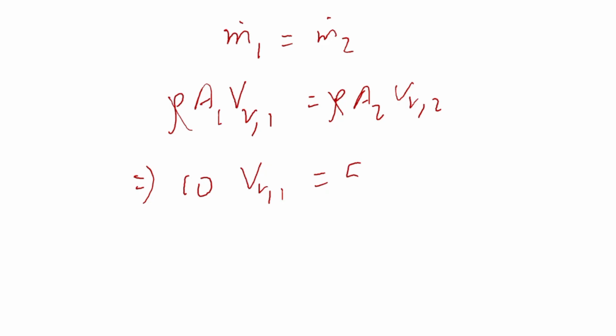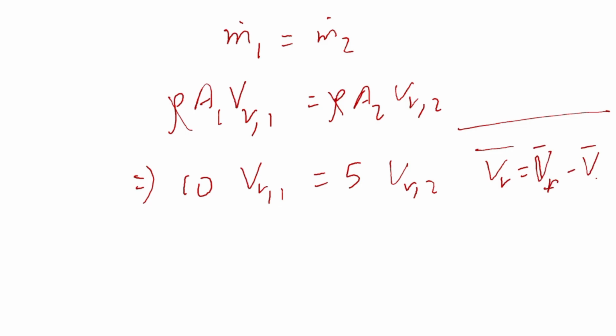Area 2 is 5 meters square, and then the relative velocity at 2. So the point is, how do you write relative velocity? The relative velocity vector was given as the velocity of the fluid minus the velocity of the control surface.